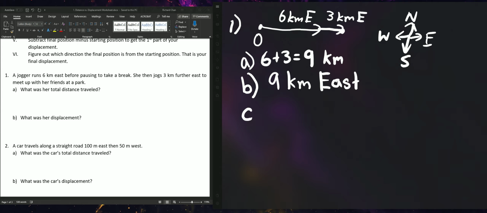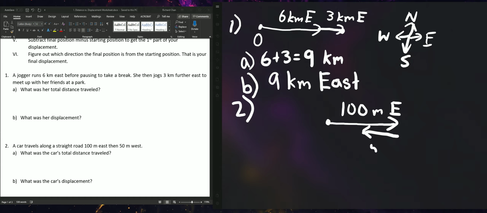Now, let's do C. Oh, wait, there is no C. Let's do 2. A car travels along a straight road. Again, we want to draw it over here. Travel 100 meters to the east. Then travel 50 meters back west.